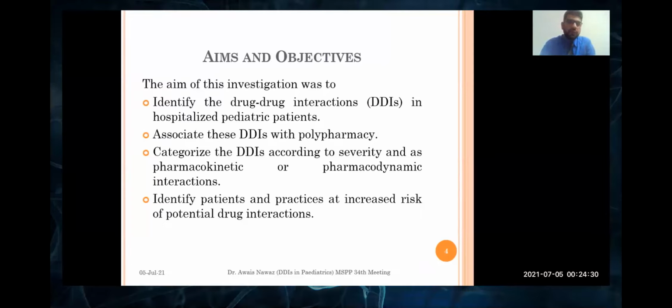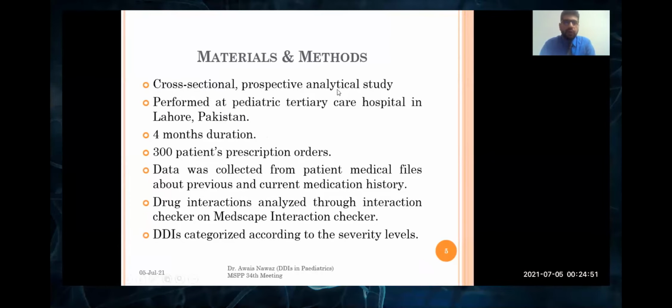We would also like to categorize the drug-drug interactions according to severity as minor, moderate, or severe, and on the basis of pharmacokinetic or pharmacodynamic type of interaction. We also wanted to identify the patients and practices at increased risk of potential drug interactions in this regard.